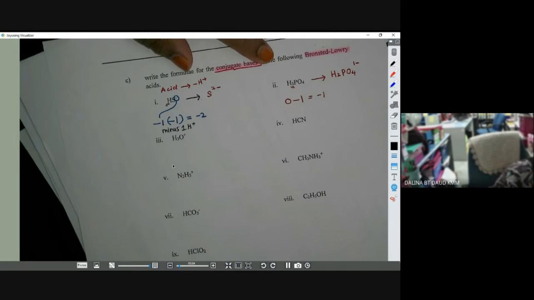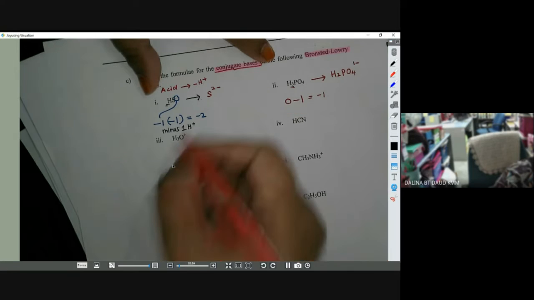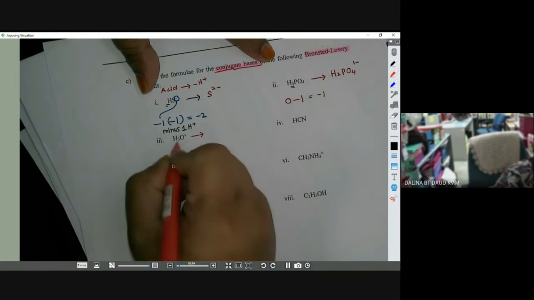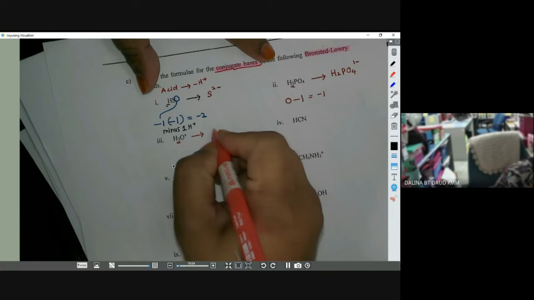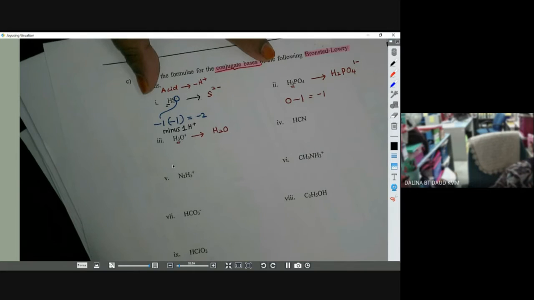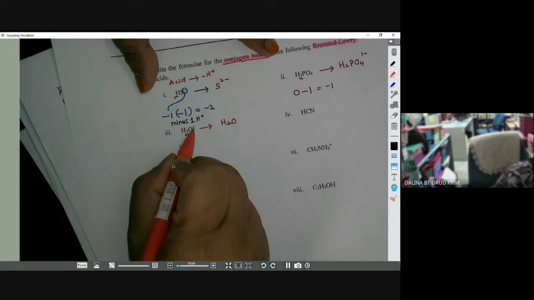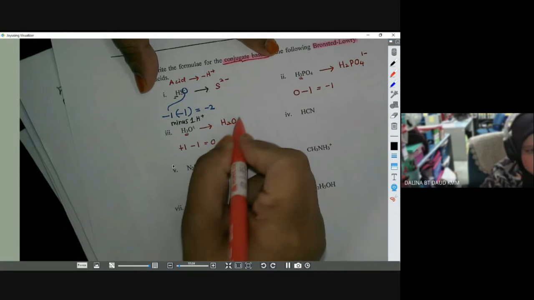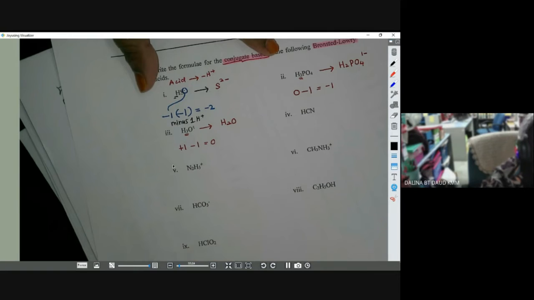Same goes to this one. This one is 1 H is donate, so it will become H2O. Kita nak check betul ke H2O tu kosong? Okay, tengok positive 1, the initial charge, -1 equal to 0. So that's why H2O is no charge. Okay, ada apa-apa nak tanya?